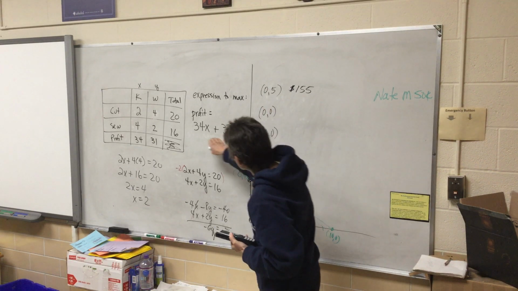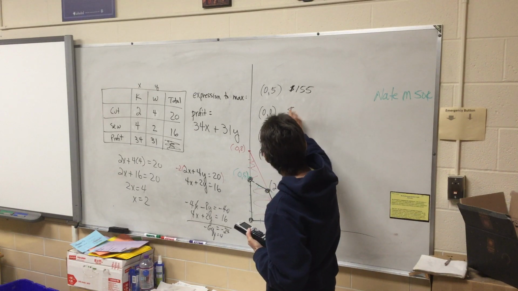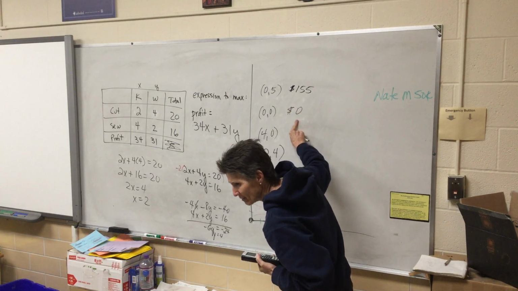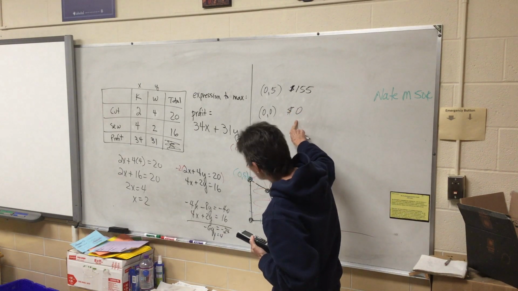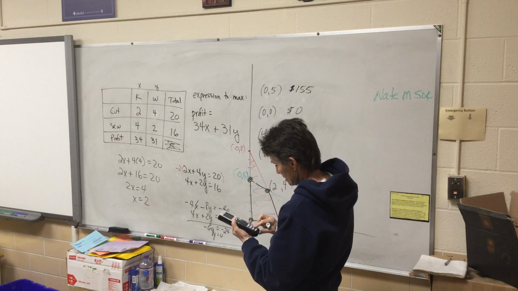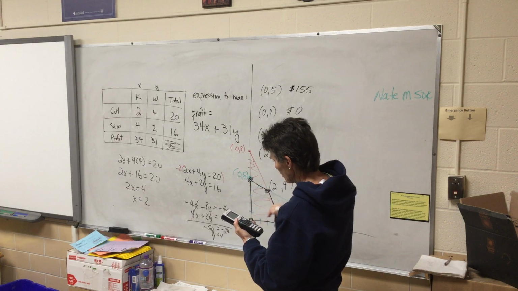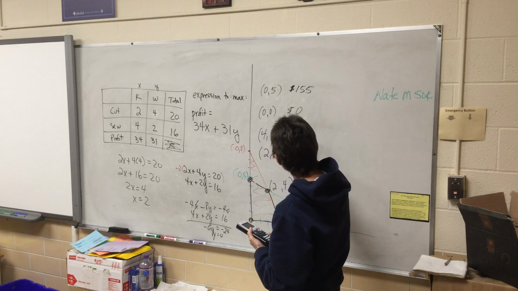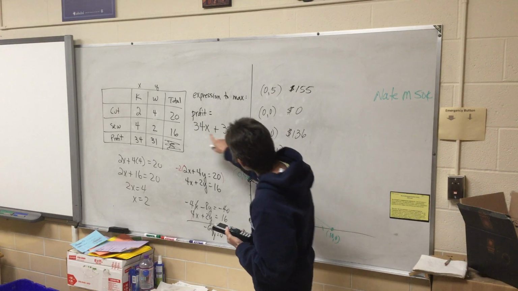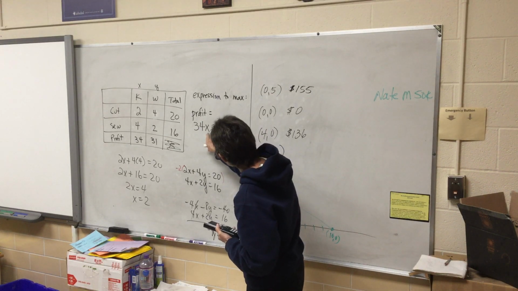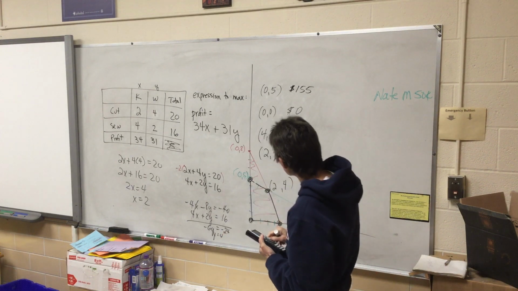Well, this point, if he doesn't make anything, his profit's going to be 0. I hope that makes sense to everybody. 34 times 4, this one's going to be 136, because he's making 4 X's and no Y's.